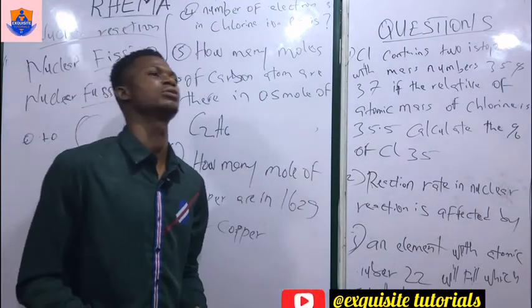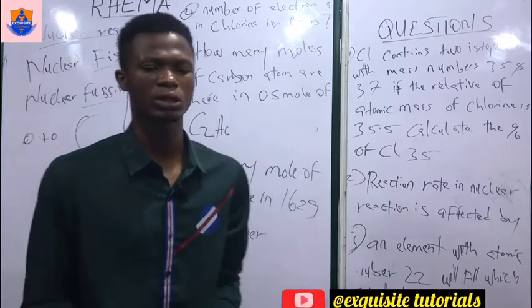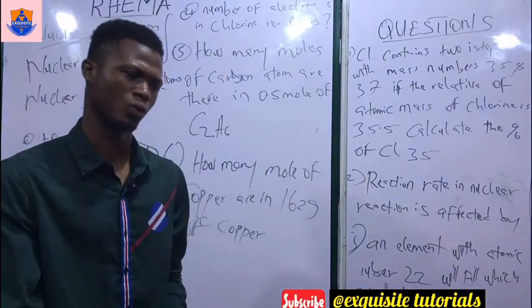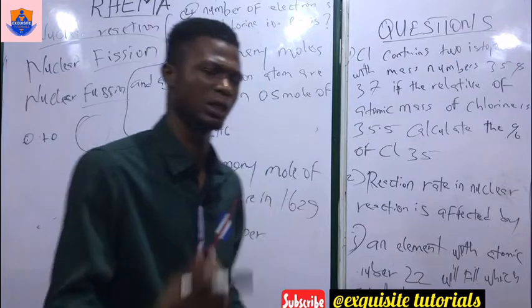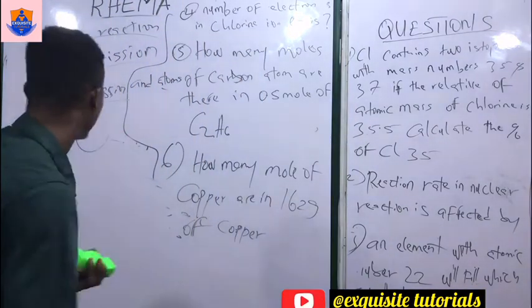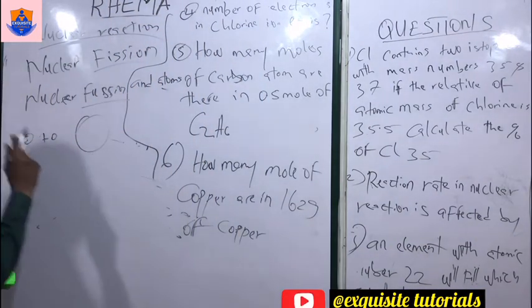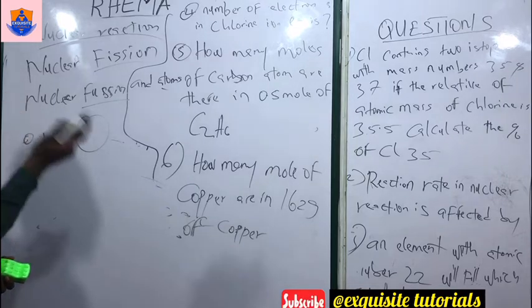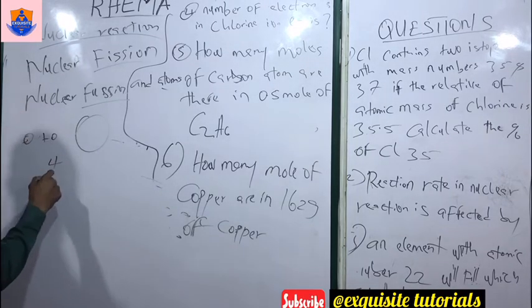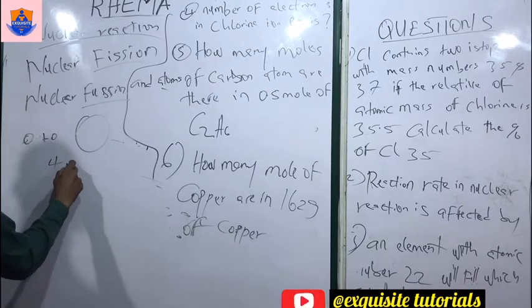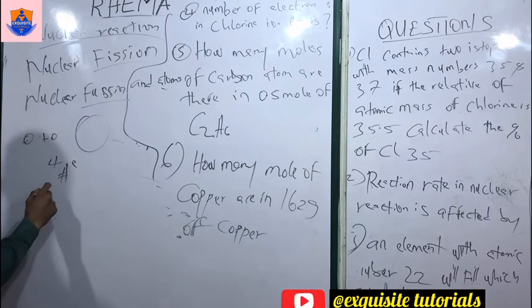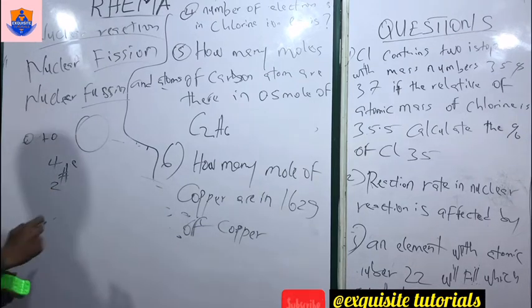Now, one more thing you need to know about nuclear reaction. When we are talking about nuclear reaction, we talked about the alpha particle, the beta, and the gamma. We were made to understand that the alpha particle has the charge of helium, which has a mass number of 4 and a proton number of 2.